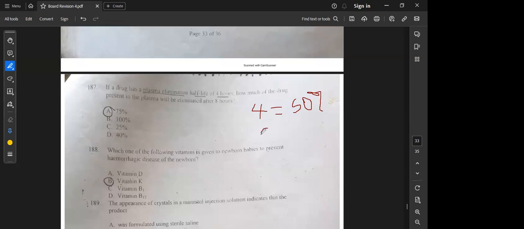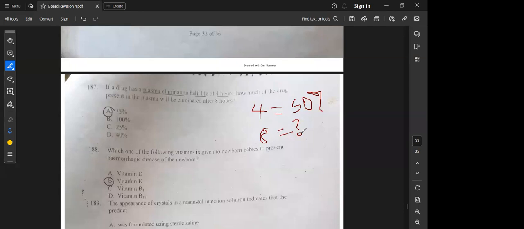After 4 hours, it will be 50%. Then after another 4 hours, the concentration will have fallen by half, and half of 50 is 25%. So 25% is what will be remaining in the body. Then that means 75% will have left the body.